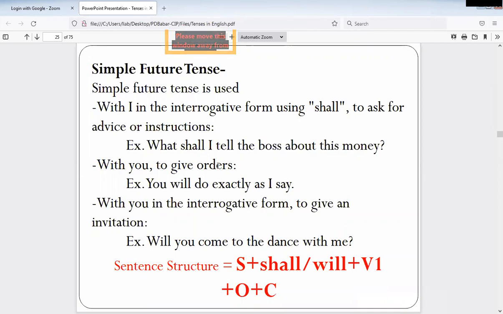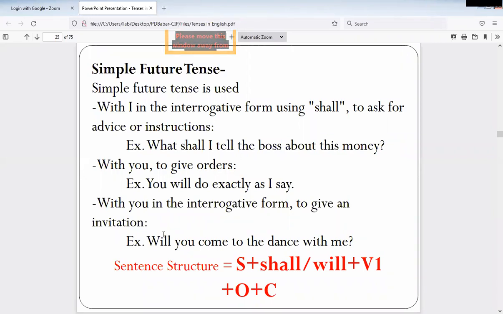Then what is the sentence structure we use in simple future tense? Let's see it. The sentence structure is subject plus shall or will plus V1 plus object plus complement.